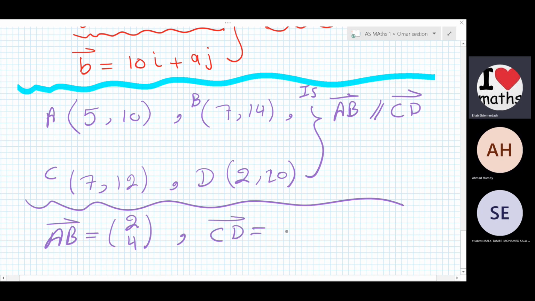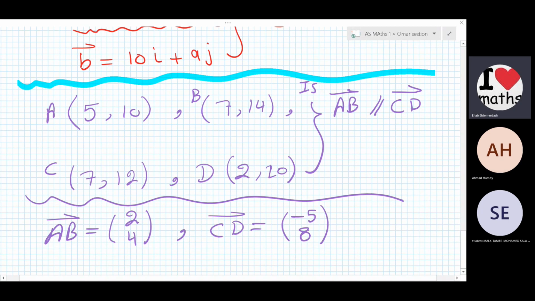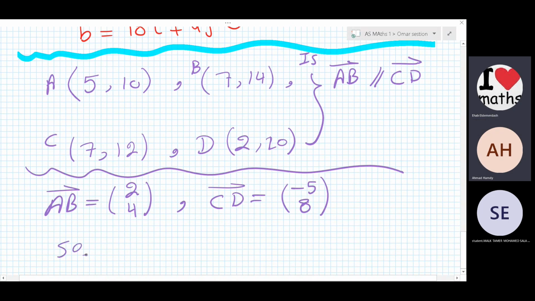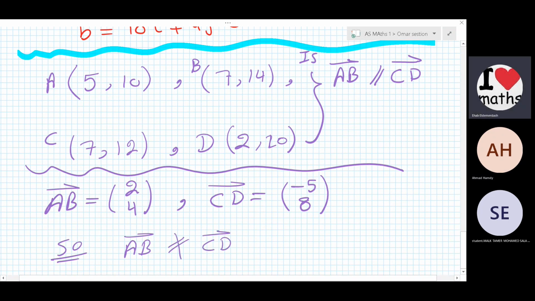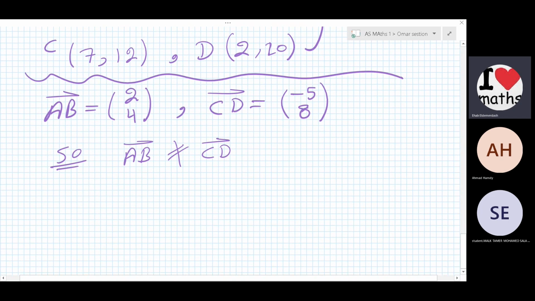Who can tell me what the vector CD is? It will be D minus C: 2 minus 7, which is minus 5, and then 20 minus 8. Are they parallel? So you can identify that AB is not parallel to CD. So here I can find out that they are not parallel.